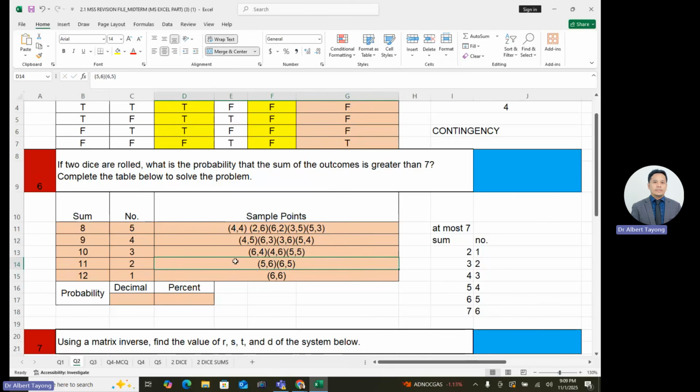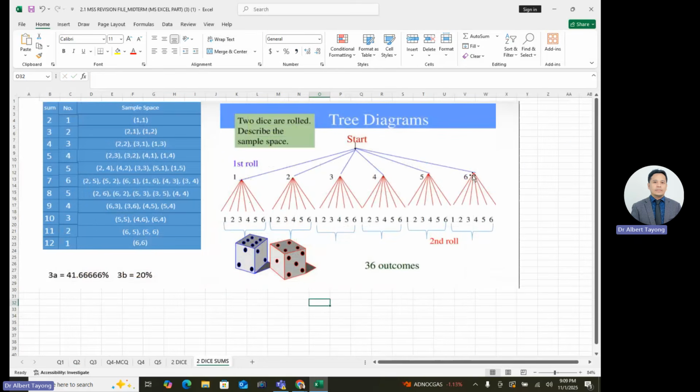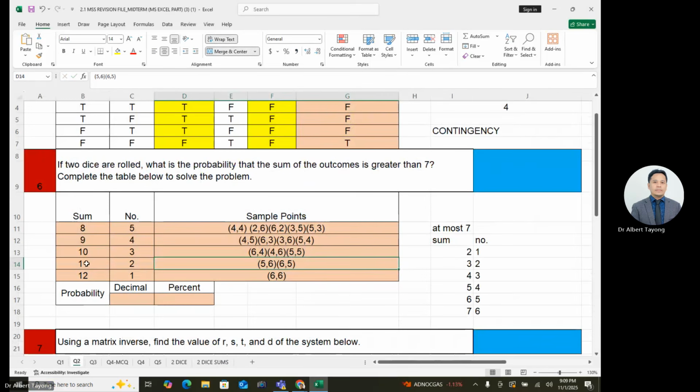So what you're going to do from 1 to 6, 1, 2, 3, 4, 5, 6, you find the pairs that will give the sums here. Okay, for example, for 8, the pairs are 2, 6, 6, 2, 3, 5, 5, 3, and 4, 4. We don't have other pairs there.